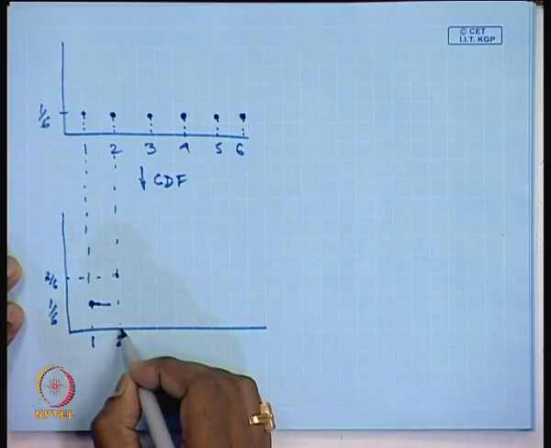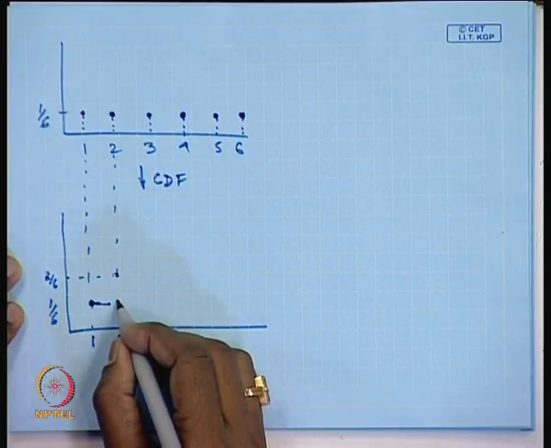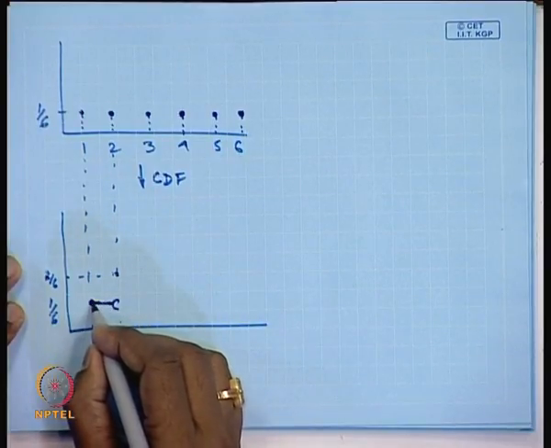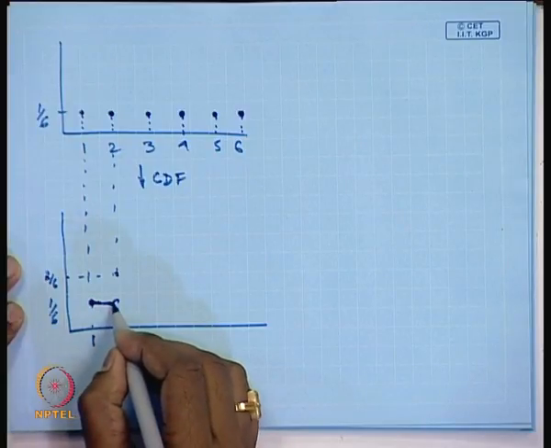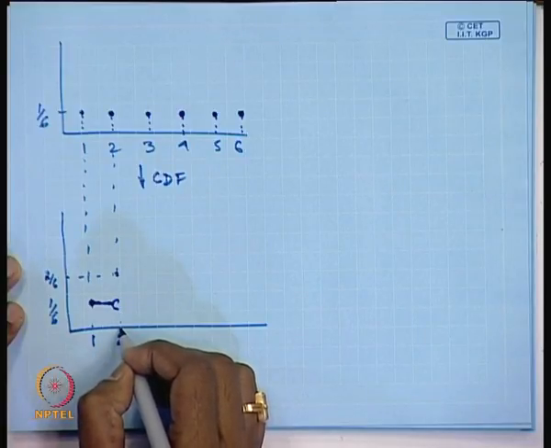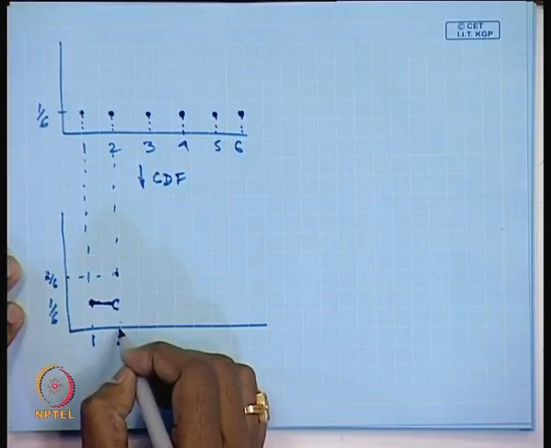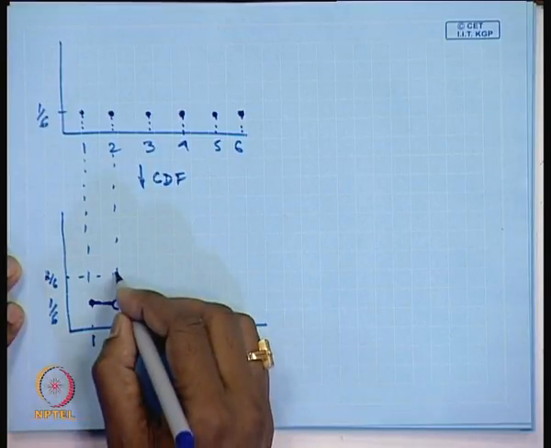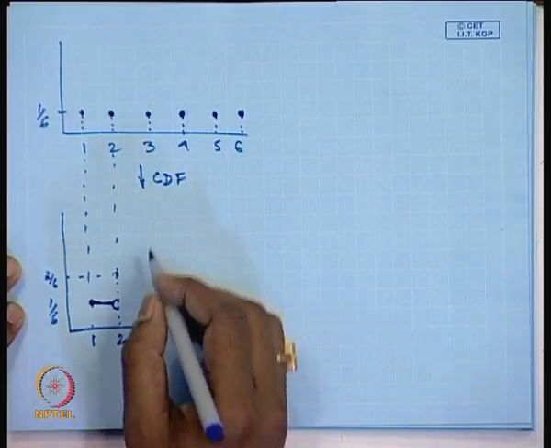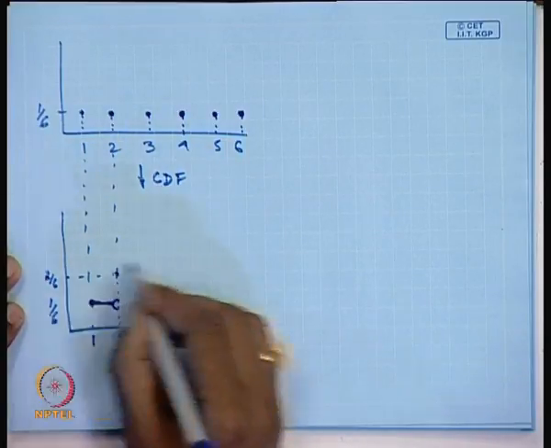Now, as soon as it touches 2, it shoots to 2 by 6. So generally in the representation we should not touch the line at 2. This is a continuous line, it will simply start from 1 and go as close as it can up to 2, but it should not touch 2. Immediately when it touches 2, that is the cumulative probability at 2, which is less than or equal to, that is why the value of the CDF at 2 is 2 by 6.